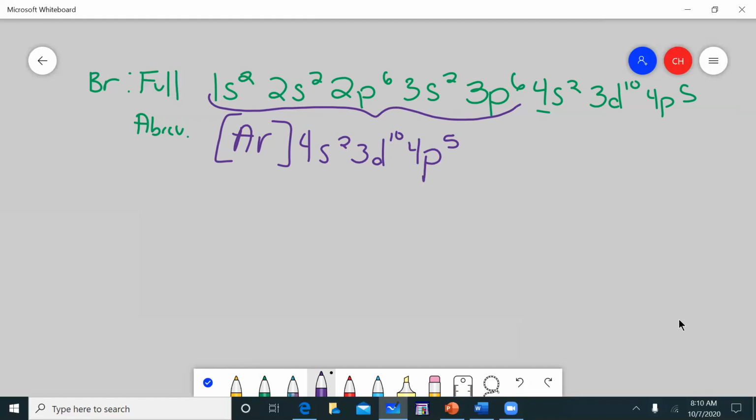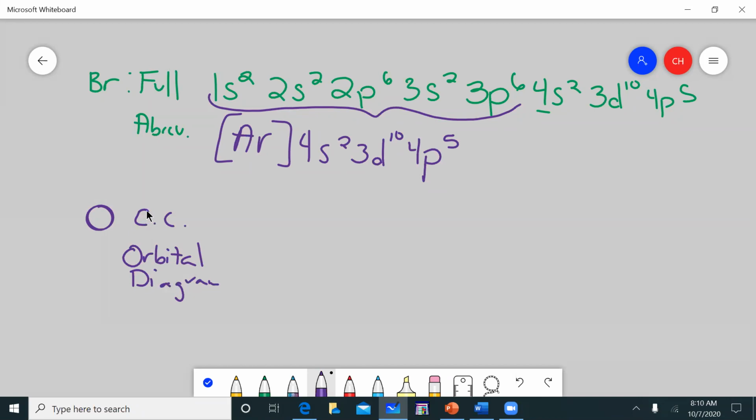Okay. Now I want you to do the electron configuration for oxygen. The full electron configuration. And then I also want you to do the orbital diagram. The orbital diagram is those boxes, all right?